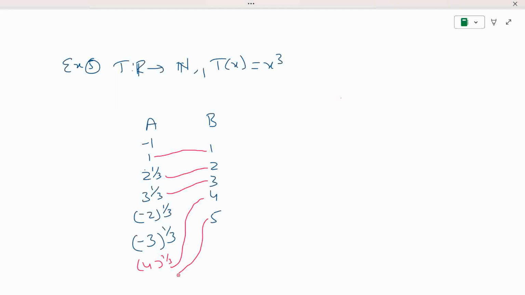Similarly, 5 will also have. So here one element to one element mapping is there. So it is injective, and also each element in B, that is the cube root of each element in B, is found in the set A because the set A is the set of real numbers. So it is surjective. Hence, this function is a bijective function.